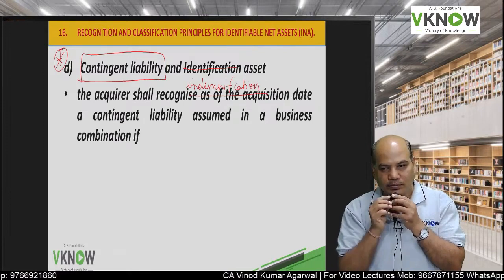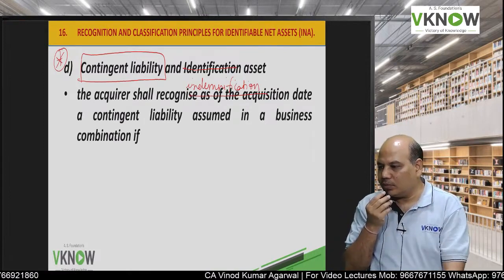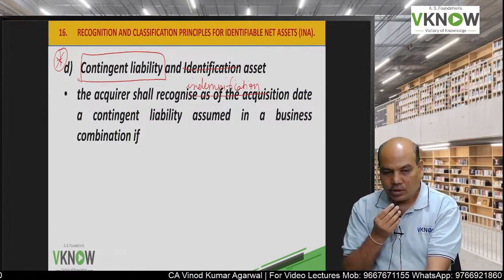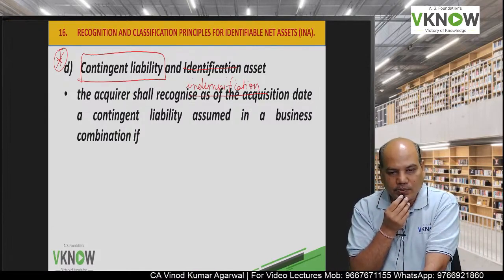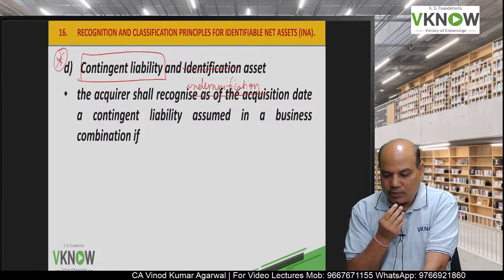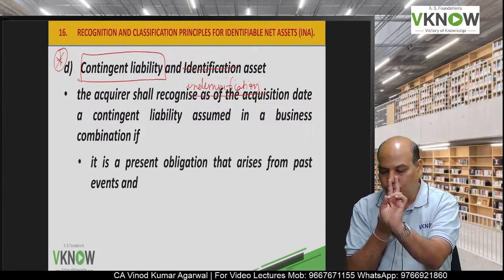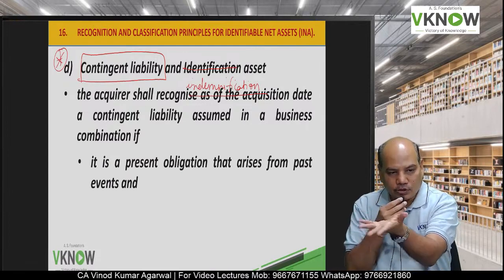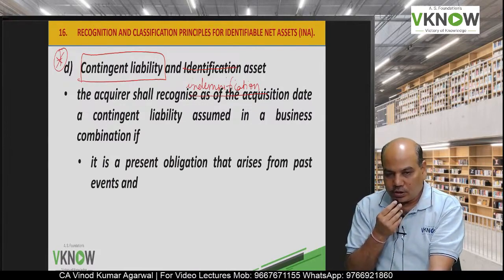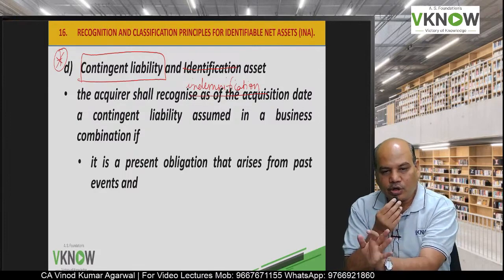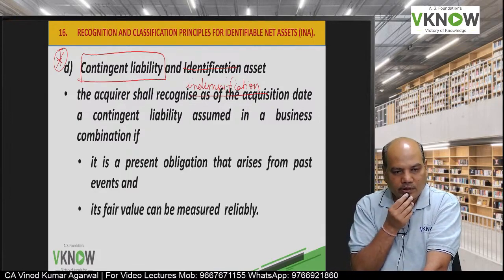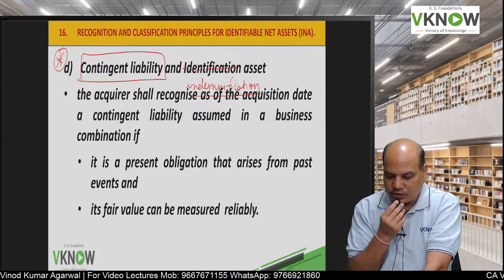First question is whether contingent liability of acquiree will be recorded. So this is an exception. This is a very important exception. Contingent liability would be recorded if two conditions are satisfied. They can ask you in your interview also in future. First, there must be a present obligation arising from past event.